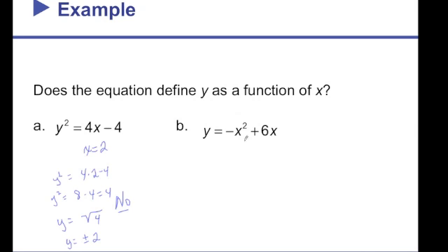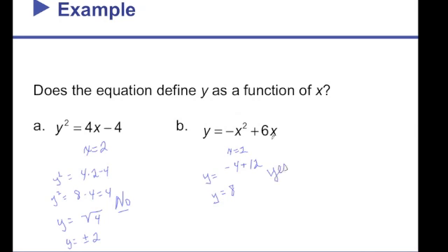No. Now for this one, when we picked an x value, if x equaled 2, it would be negative 2 squared, or 4, plus 6 times 2, 12, and y would equal 8. We only get one value. This would be a yes.